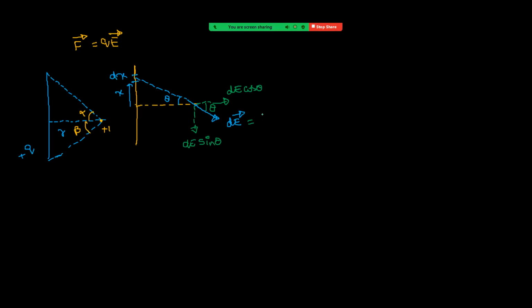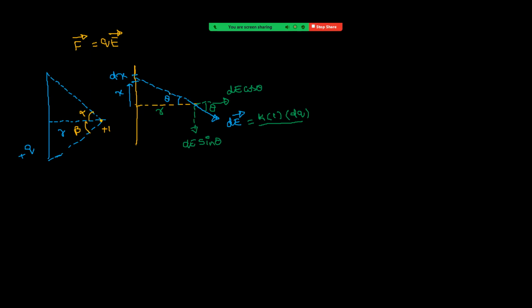In the place of 1 by 4 pi epsilon naught, I am taking K. Q1 is a positive charge, plus 1. The other one is a small charge dq. So K into q1 q2 by r squared. The distance is r, and this is x.